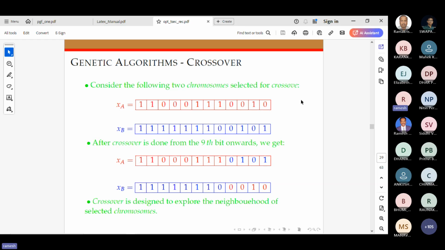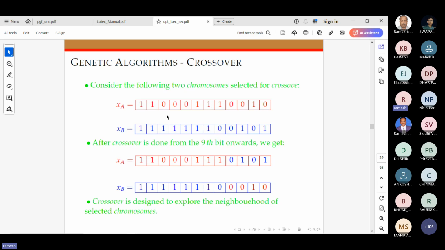Okay, so what we will do is, let us say that we have two chromosomes, XA and XB. Now, we'll use a random number generator to call for an integer random number between 1 and 16.